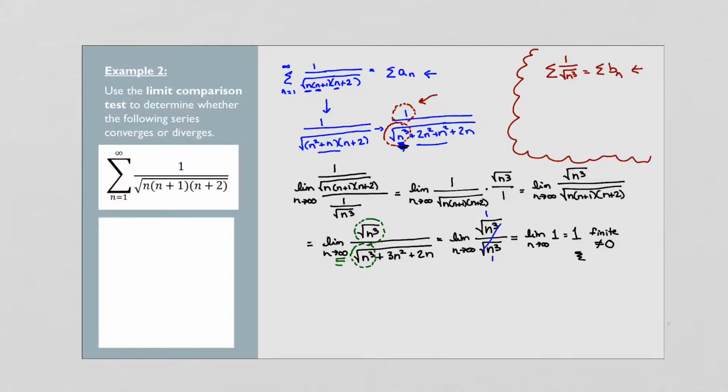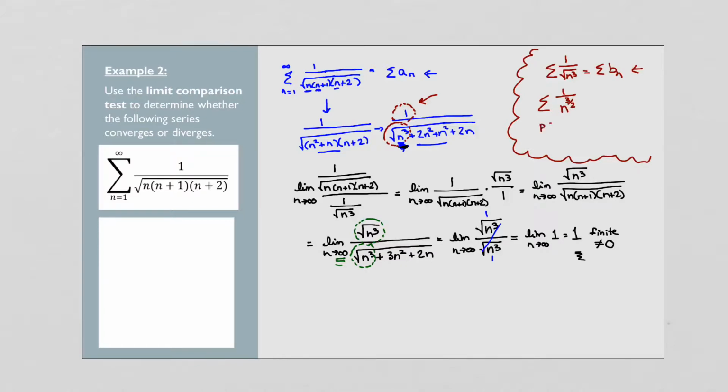So what does b sub n do? Well, what is this series? This series is actually just a p series, isn't it? The square root of n cubed can be rewritten as n to the 3/2 power, so it's 1 over n to the 3/2 power.